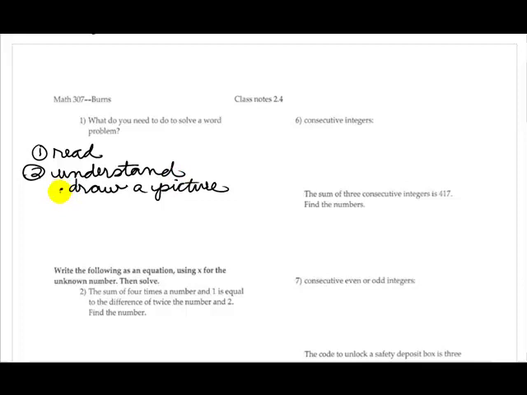Or you might just want to talk about it. Then we're going to assign variables, or in this case we're going to assign one variable, and we're going to make a comparison.